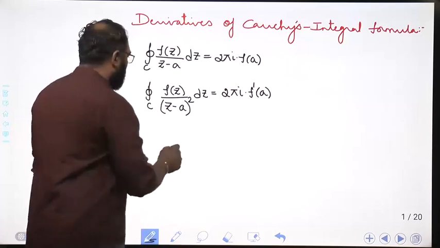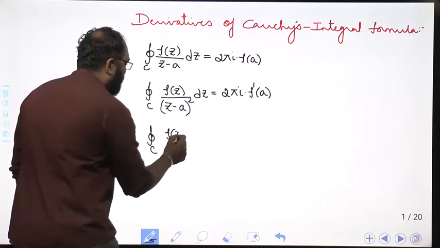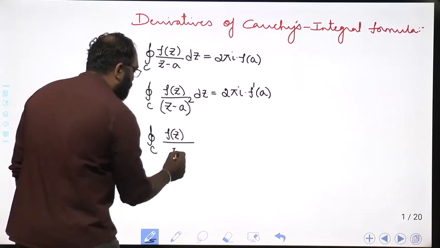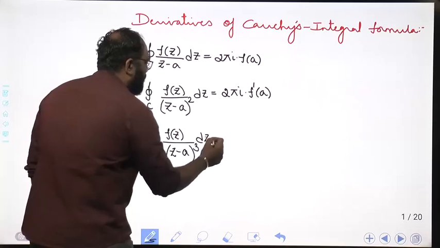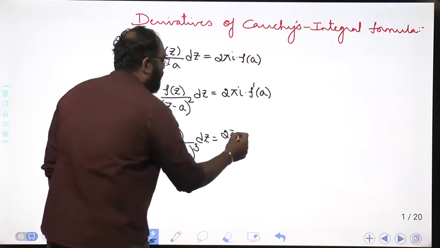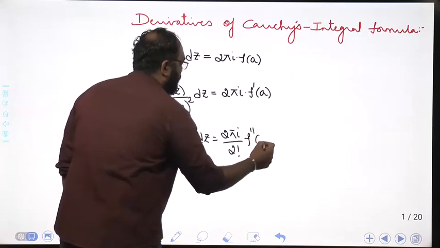Clear? And in the same way, if the point is repeated thrice, like f of z by z minus a whole cube, then this value is given by 2 pi i by 2 factorial into f double dash of a.